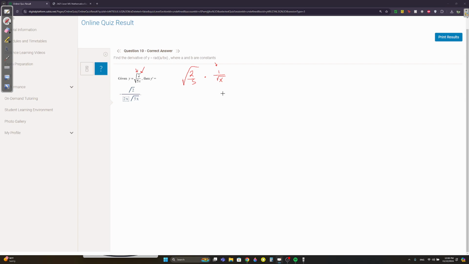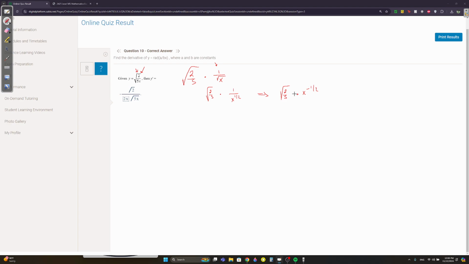Remember, I don't like having radicals in the denominator, so I'm going to change it to 1 over x to the power of half. And you still have this 2 over 5 over here. Take it up: you're just going to have radical 2 over 5 times x to the power of minus half.